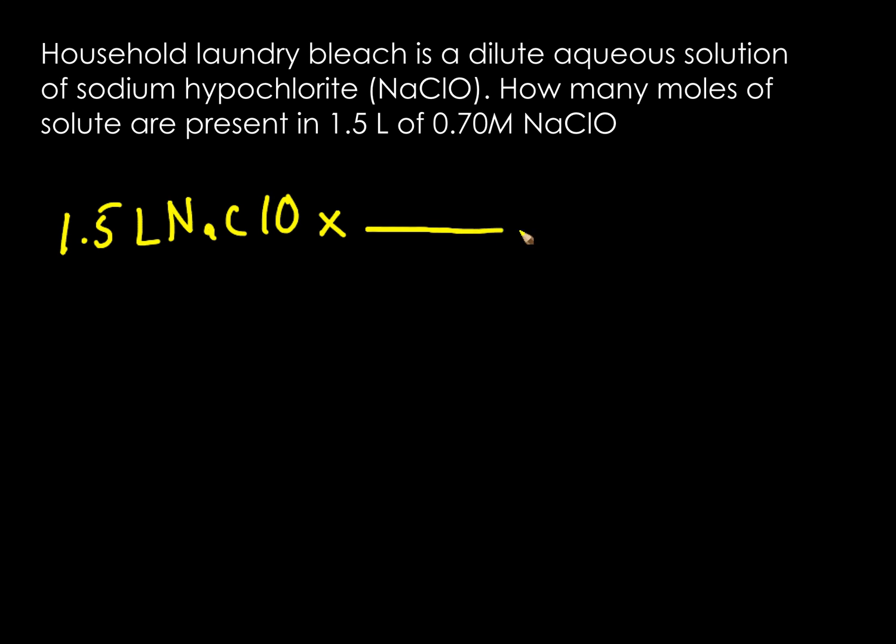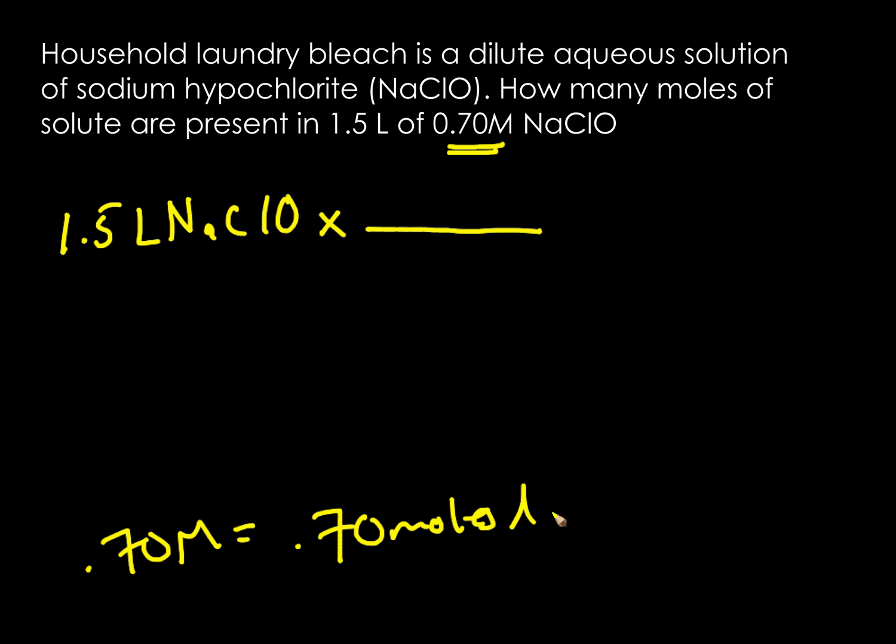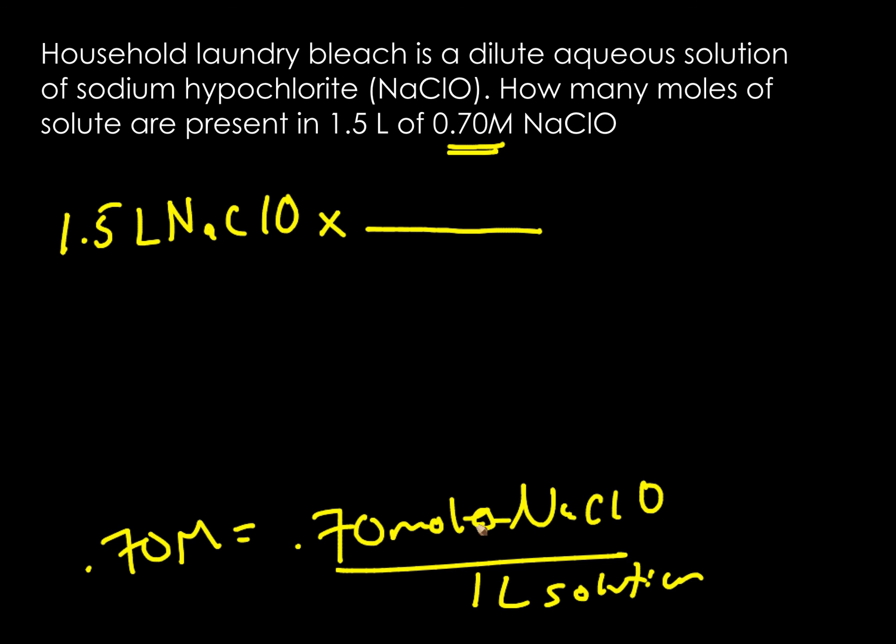Now, I know we could use this right here. A couple of slides before, we said 0.70 molar would be the same thing as saying 0.70 moles of NaClO all over 1 liter of solution. So that's what we're going to plug in right here.